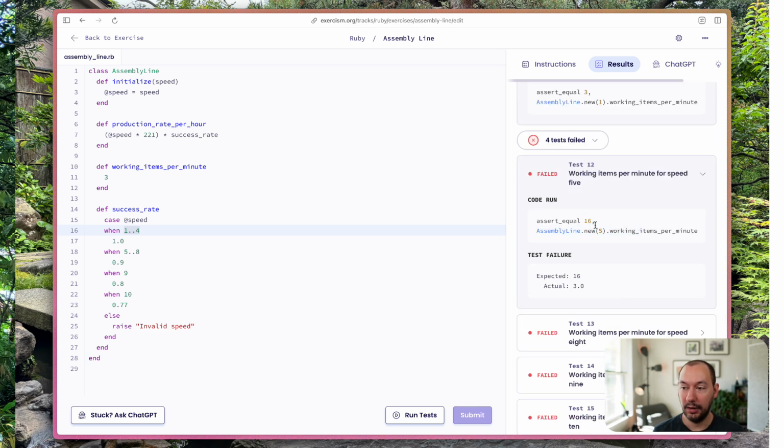The same idea applies if we look at the test. Speed of 5 is going to have a 90% success rate. Again, you can't see my calculator, but we have 221, times 5, and then times 0.9.